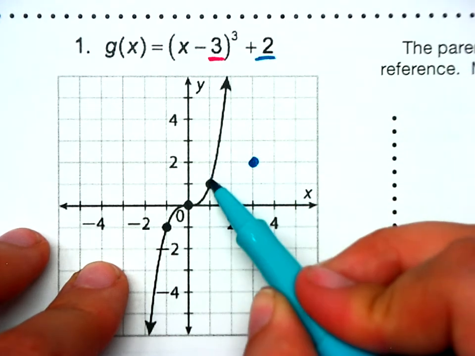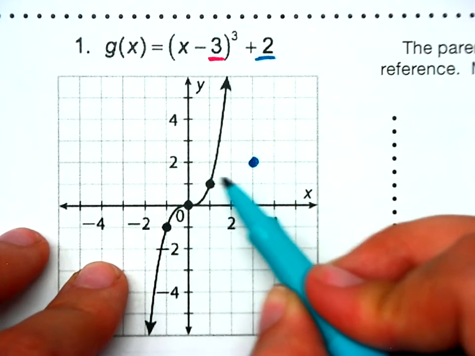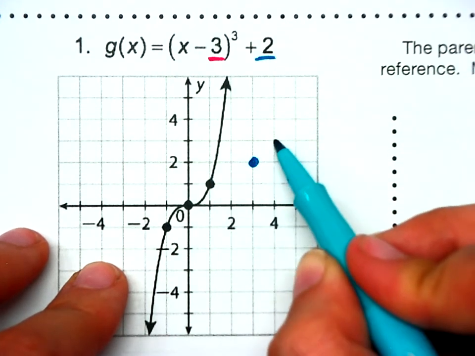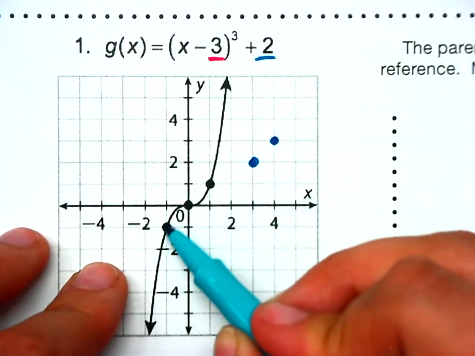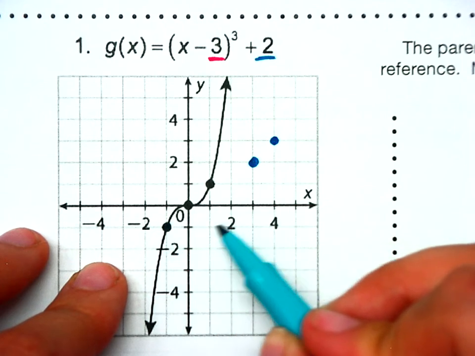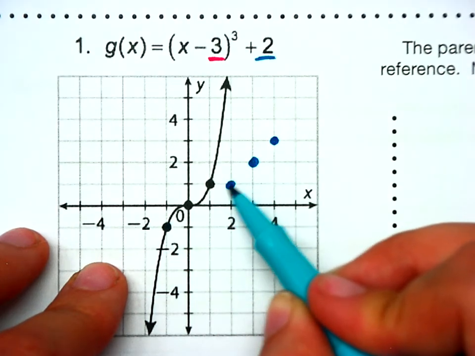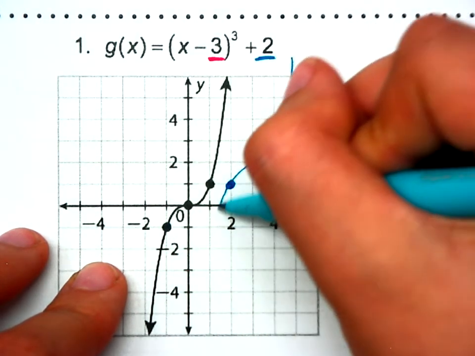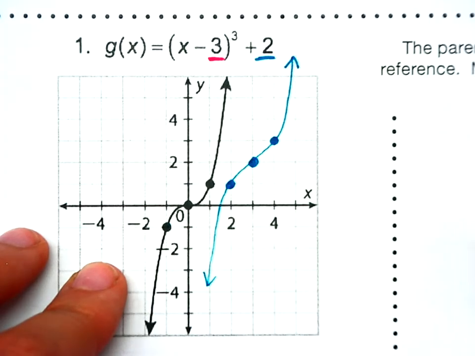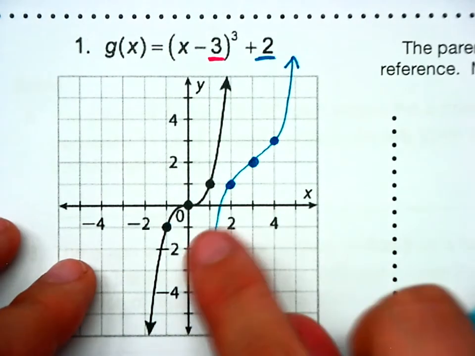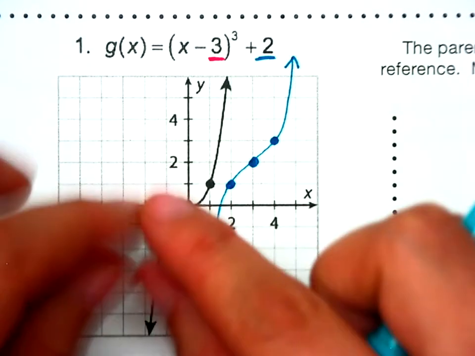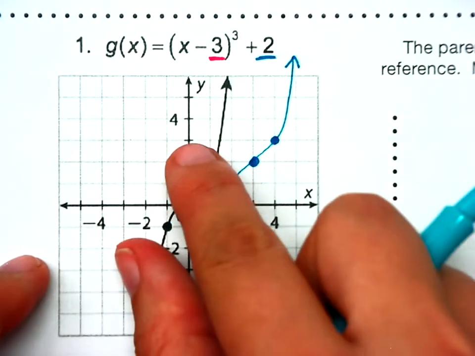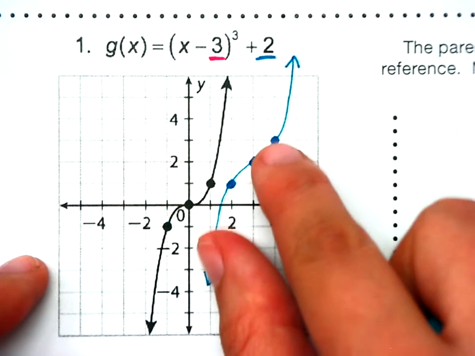Then we're going to do the same thing with this point, to the right 3 and up 2. And last one right here, to the right 3 and up 2. Just like that. So then I'm going to remember my shape that a cubic follows and graph in my shape. So notice I didn't stretch this, I didn't compress it. All I did was take this parent function and slide it over here.